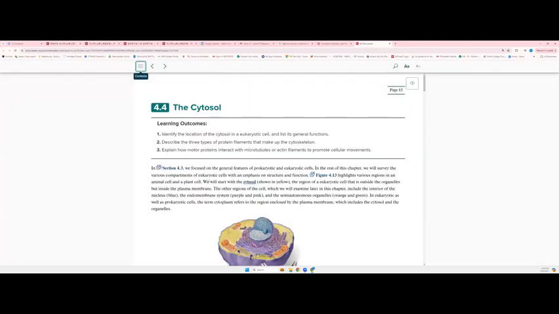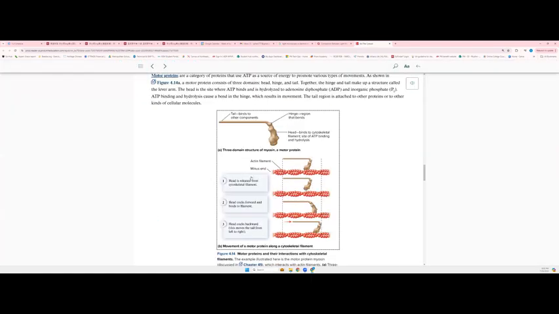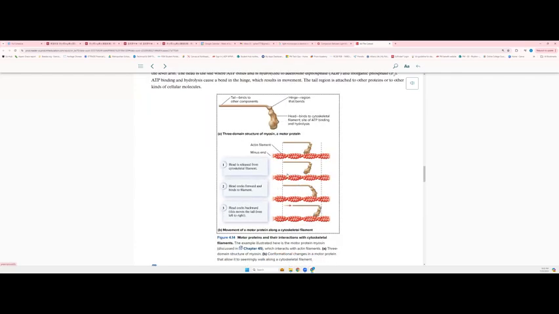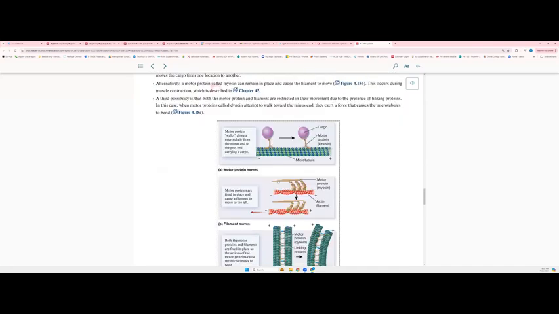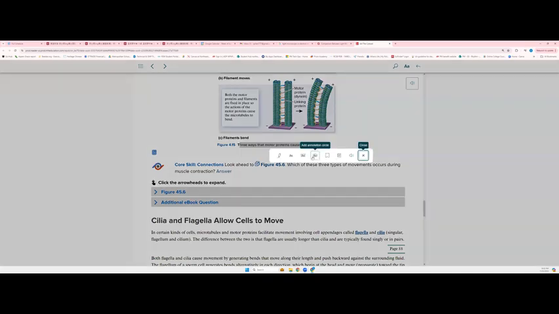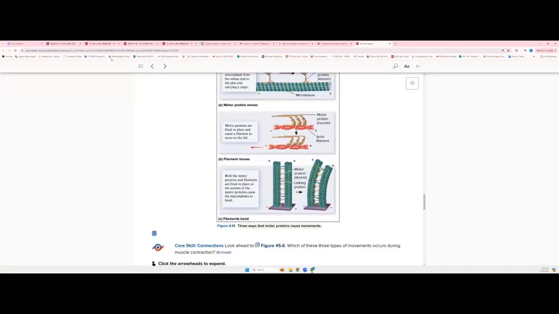These two examples. Motor proteins interact with cytoskeleton filaments to promote movement. This is a good example. Here's another one. You can just mention these two examples.